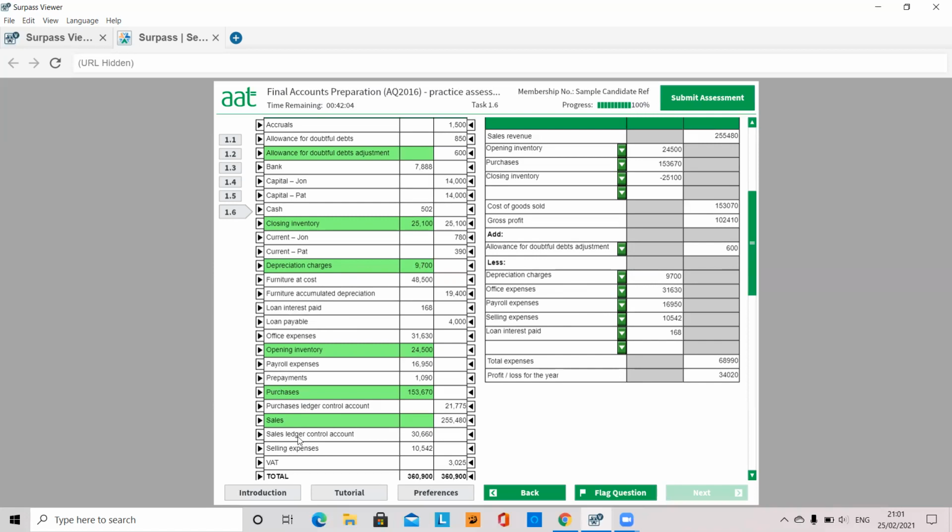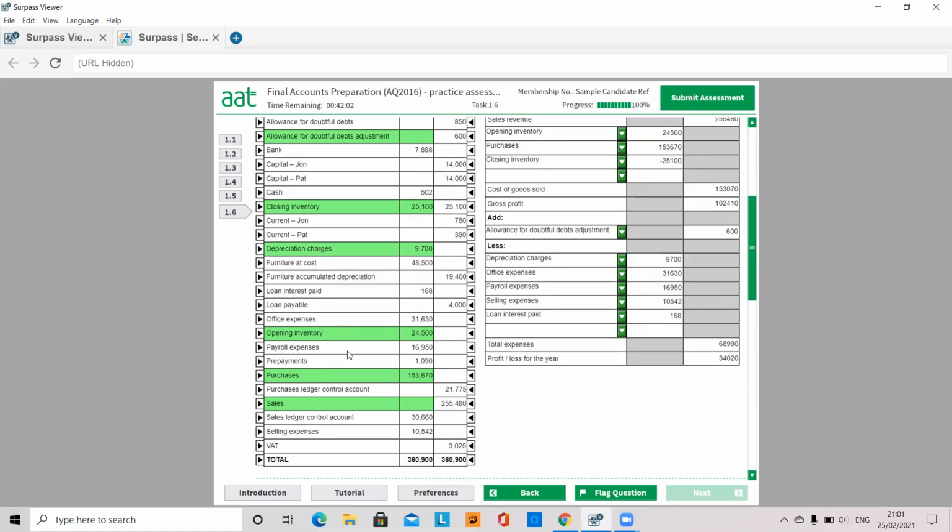So office expenses, we've got office expenses here of 31,630. We've got payroll expenses of 16,950. We've got selling expenses of 10,542, and then loan interest paid, which is an expense.